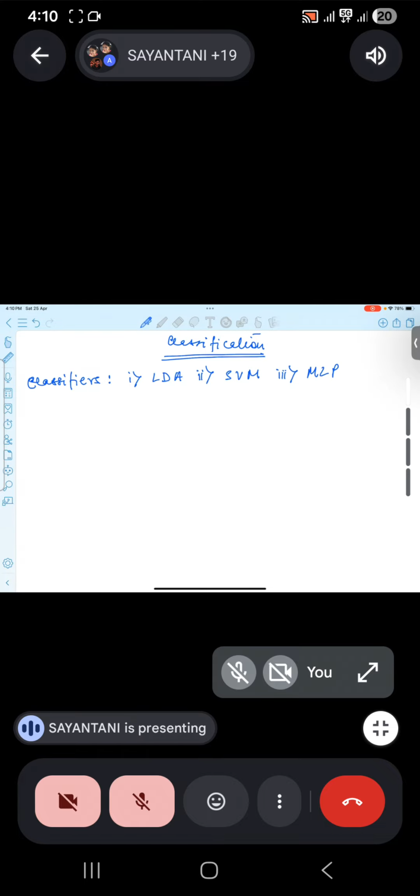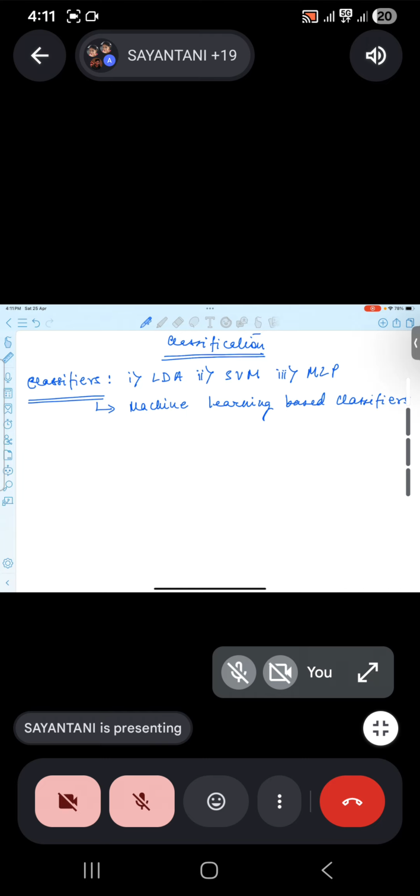Now, these three types of classifiers basically fall under machine learning based classifiers. So why am I saying that it falls under machine learning based classifiers?